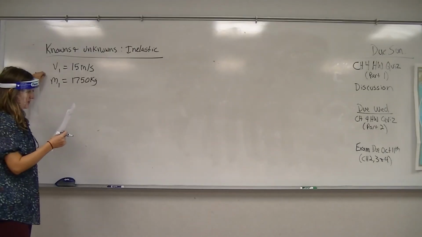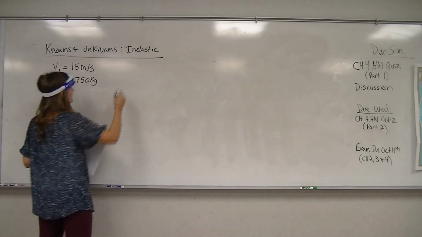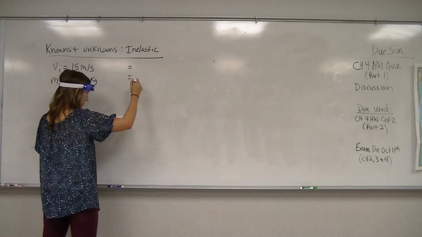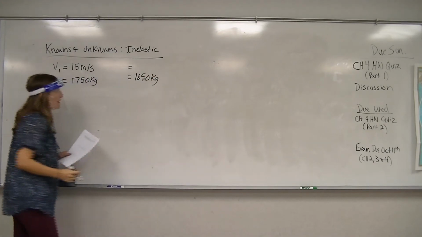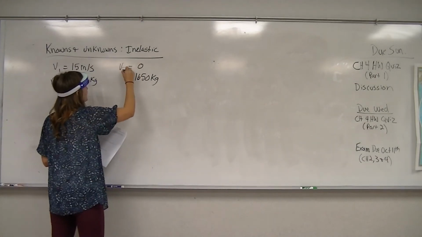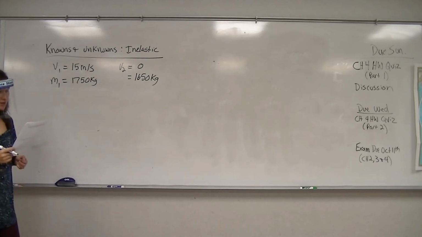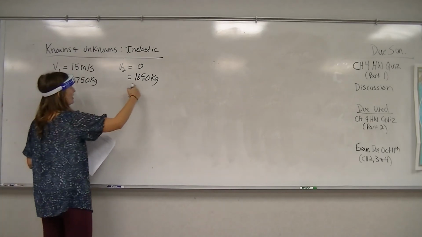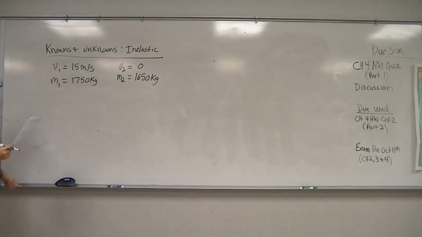The second car was stopped. What does that tell us? If you're stopped, what's your velocity? 0. So the second car's velocity, V2, is 0. The second car has a mass of 1650, so M2 is 1650.